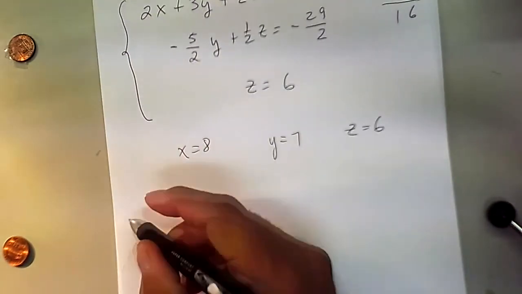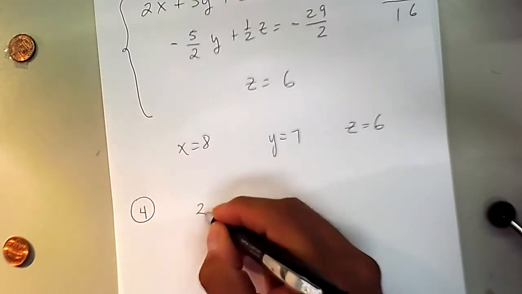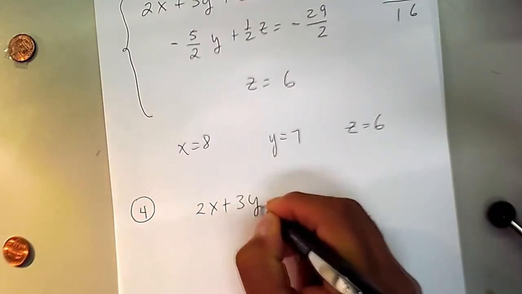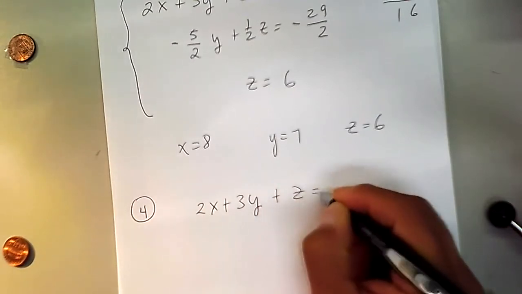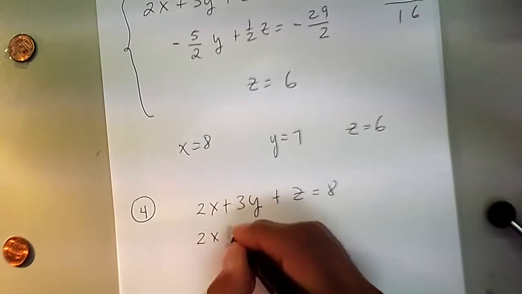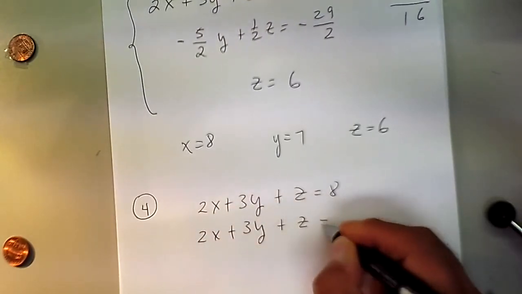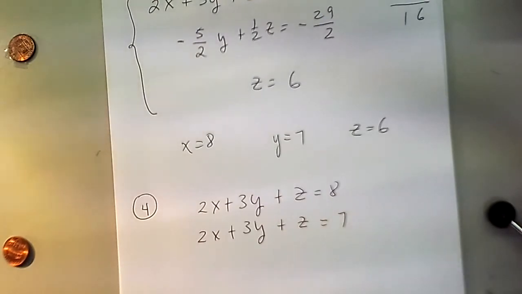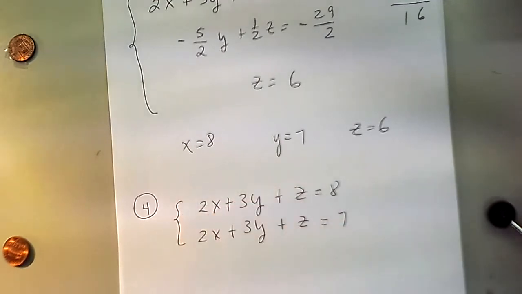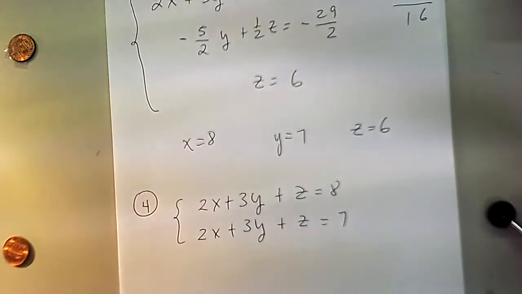Example 4 is going to be actually simpler. 2x plus 3y plus z equals 8. 2x plus 3y plus z equals 7. And if we want to eliminate, we can simply do the subtraction, this minus that, because the coefficients already match.